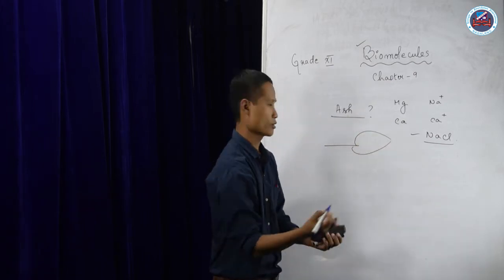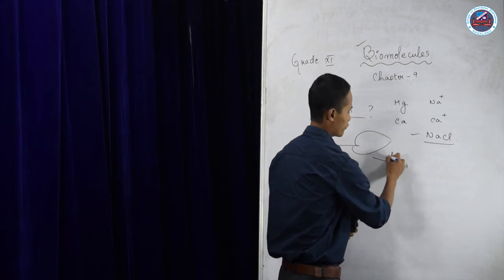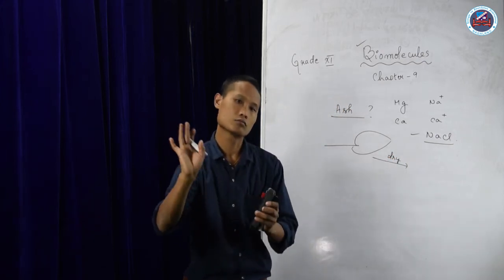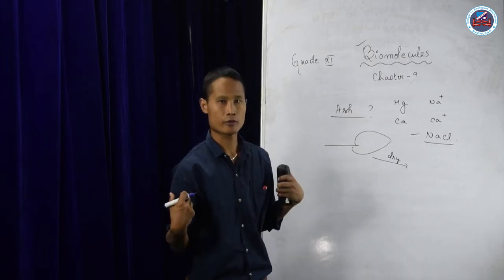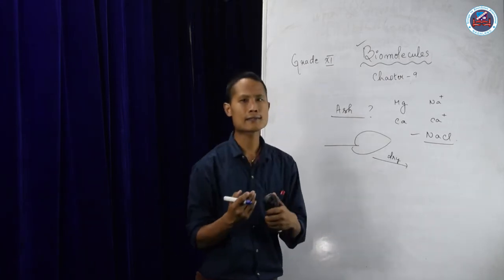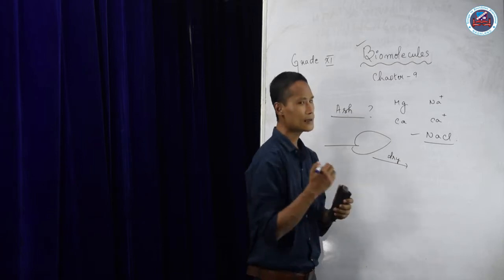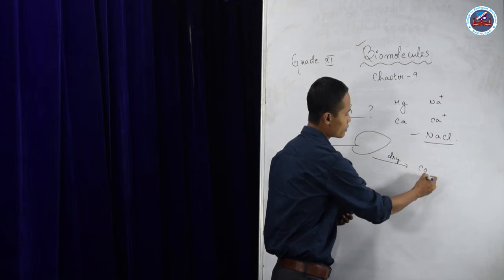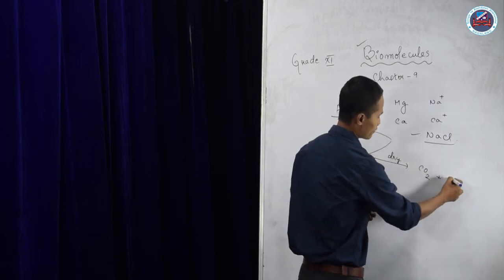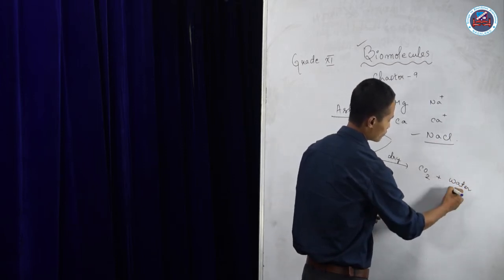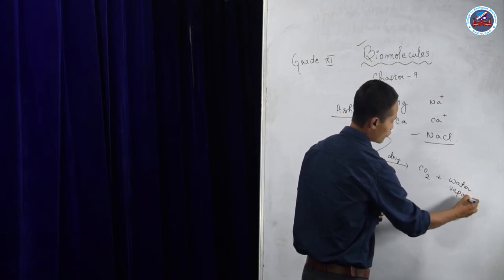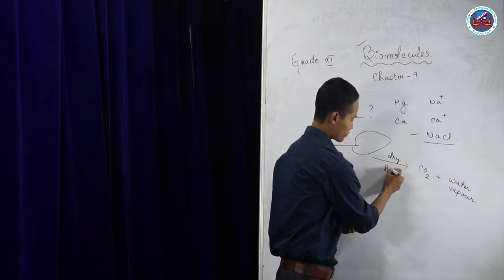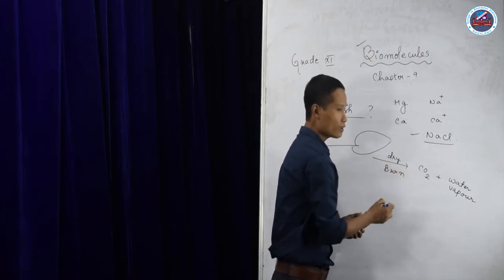you dry it. After drying, what happened? The water will be removed, right? Once it is dried, if you burn it, it means there will be oxidation, and carbon dioxide plus water vapor will be removed.